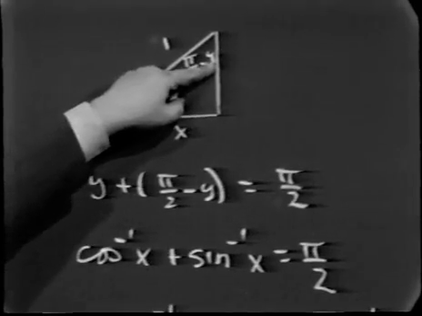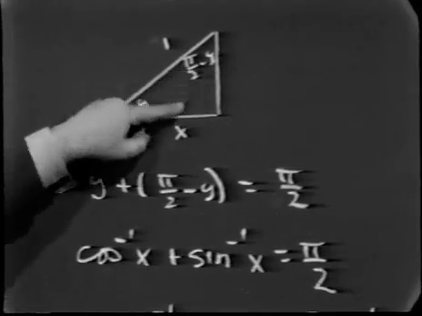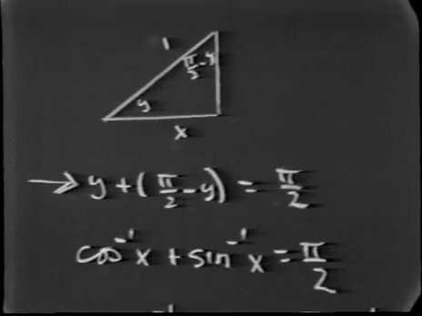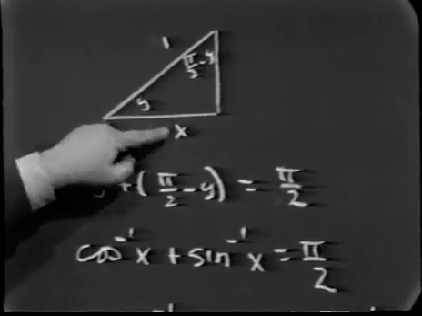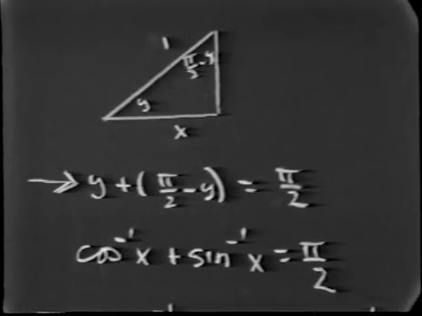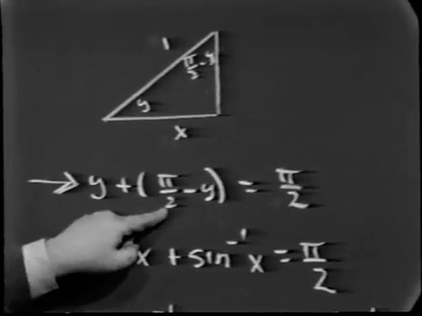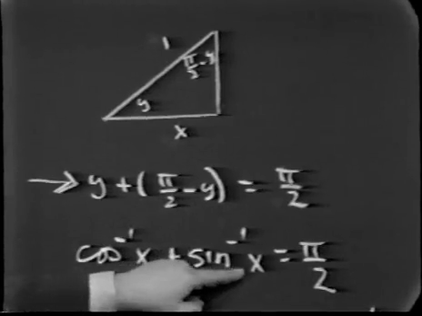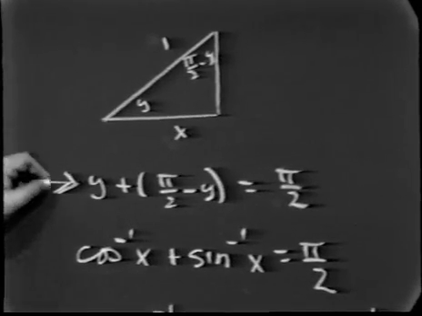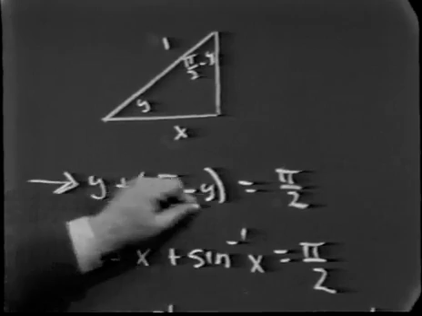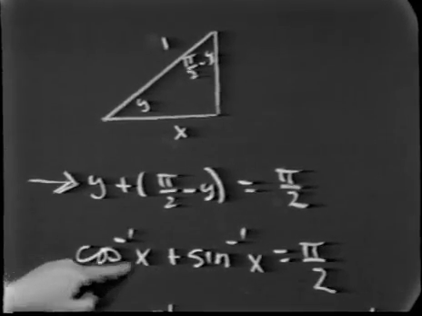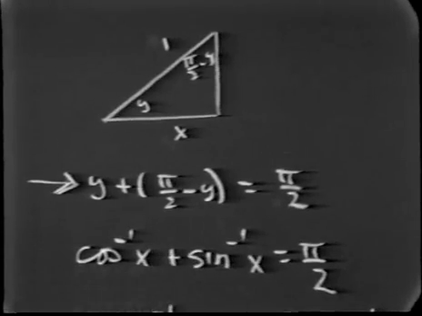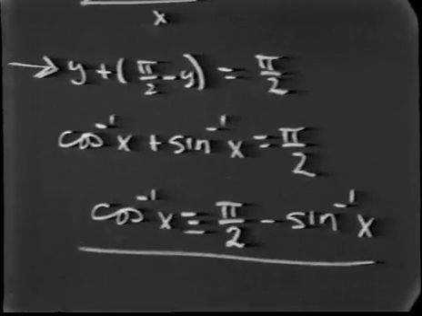What's pi over 2 minus y? Pi over 2 minus y is that angle whose sine is x. Notice that the side that's adjacent to y is opposite pi over 2 minus y. At any rate, pi over 2 minus y can be named inverse sine x. And so from this simple thing, simple because the language is familiar to me, I get down to the result that inverse cosine x plus inverse sine x is pi over 2, from which, of course, this step here is a triviality.